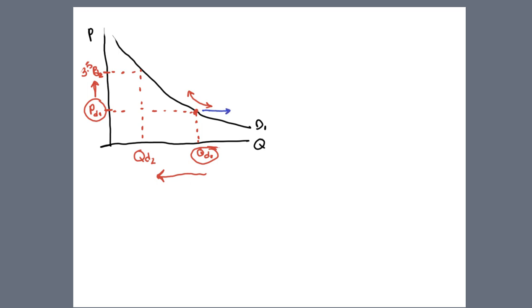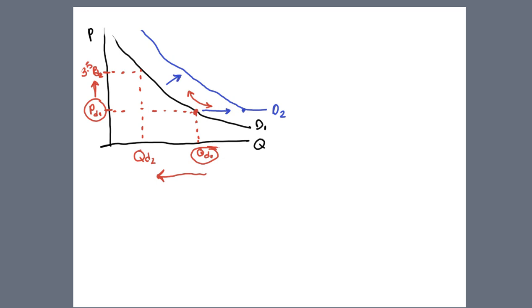We represent that, I hope I can get this curve because this pen is not the best, with an actual shift in the demand curve. This says that at every price point, you are demanding more.